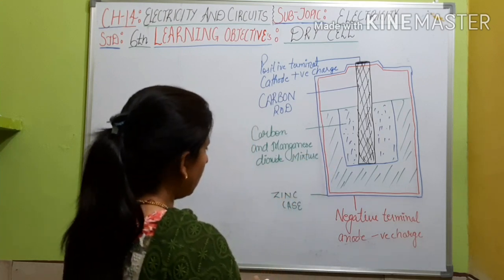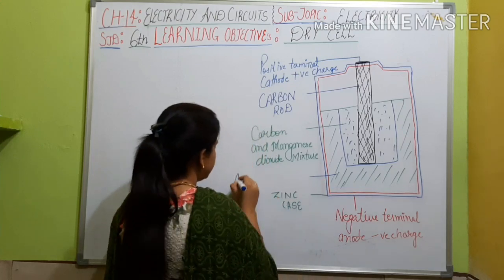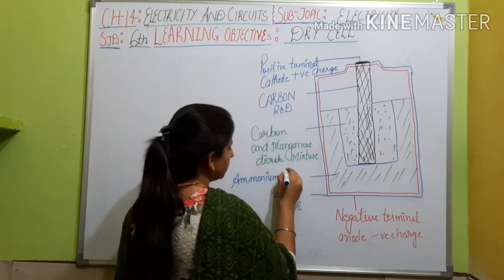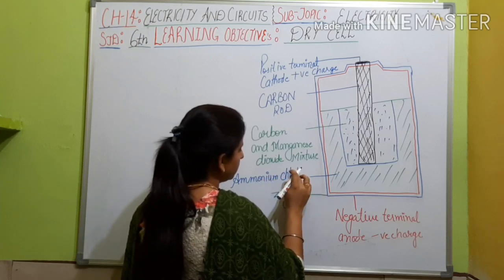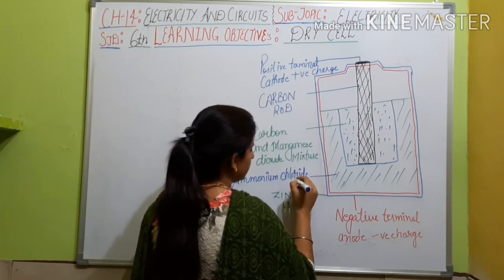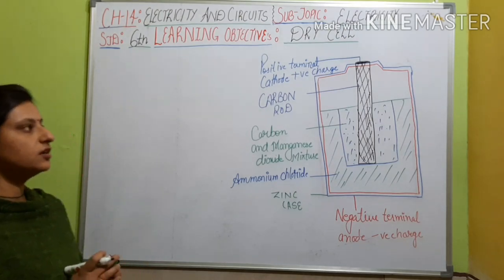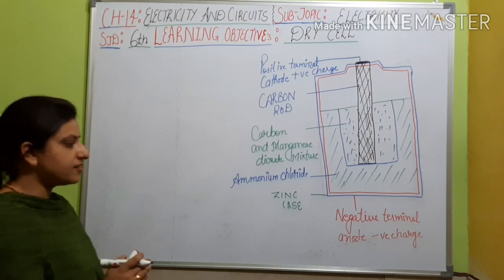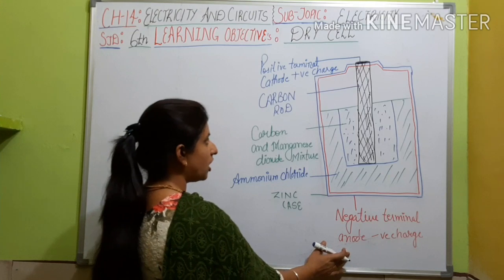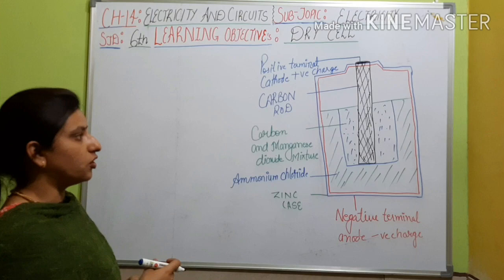Now outside is the electrolyte, and this is ammonium chloride. So this is the outline diagram of the dry cell, and it has a negative terminal, which is the anode, as a zinc case, which has negative charge, and it has a positive terminal as a cathode, which has a carbon rod.